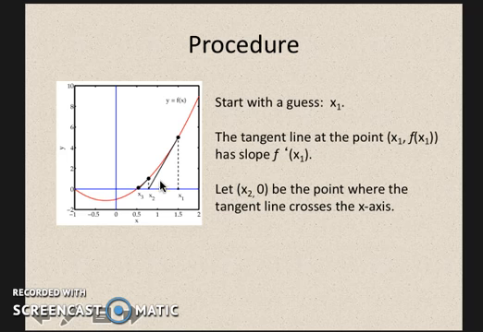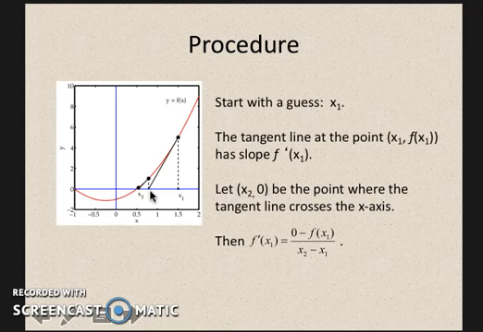Now let (x2, 0) be the point where the tangent line crosses the x-axis. So this is (x2, 0) because it's on the x-axis. Then the slope of this tangent line, which is the derivative of the function at x1, we can write as 0 minus f of x1 over x2 minus x1.